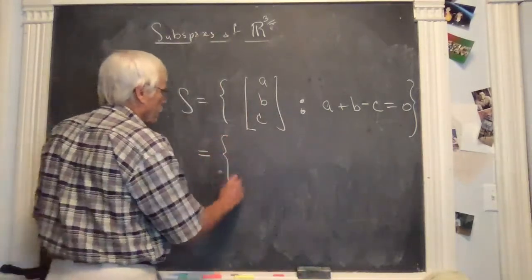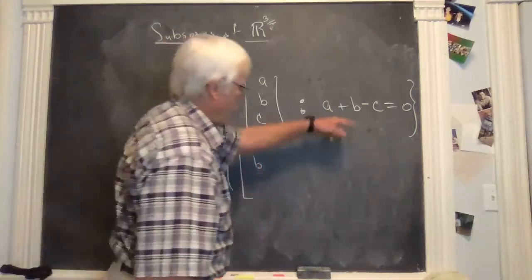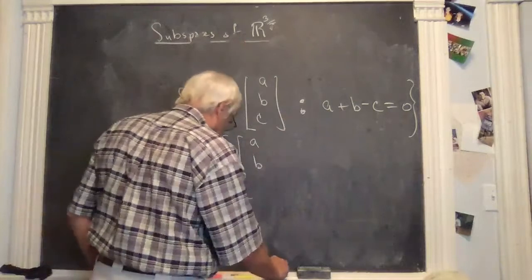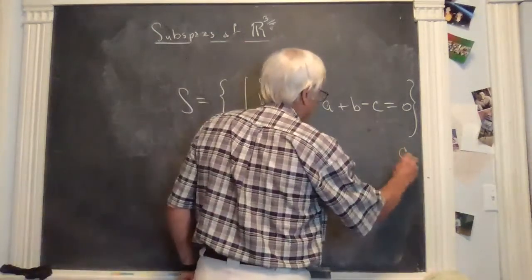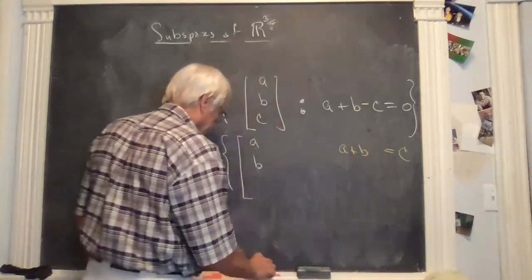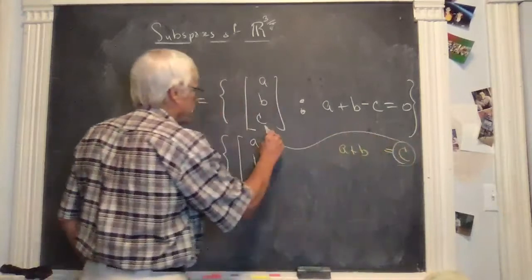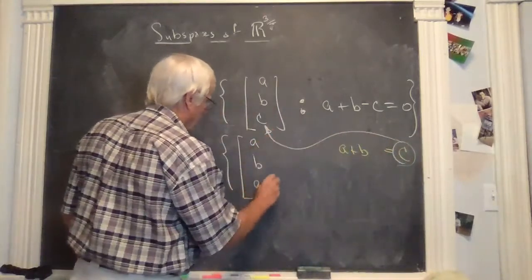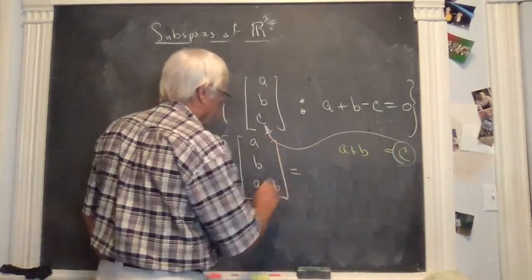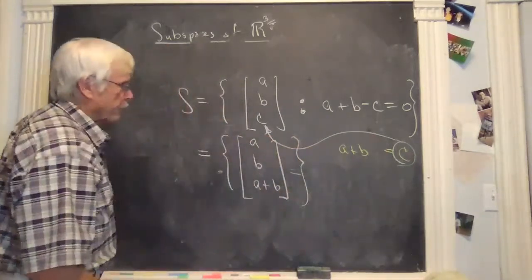But if you solve this last equation for C, C equals A plus B, you can incorporate this information by subbing that value in. A and B are free variables.